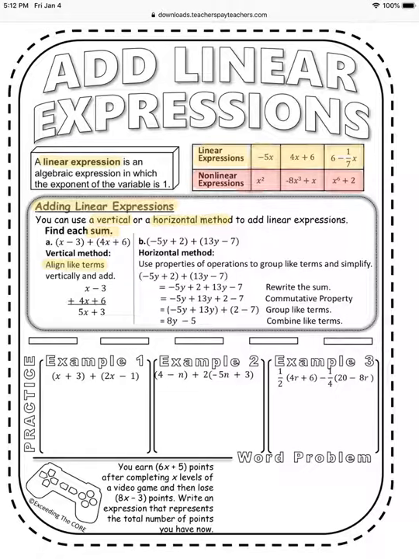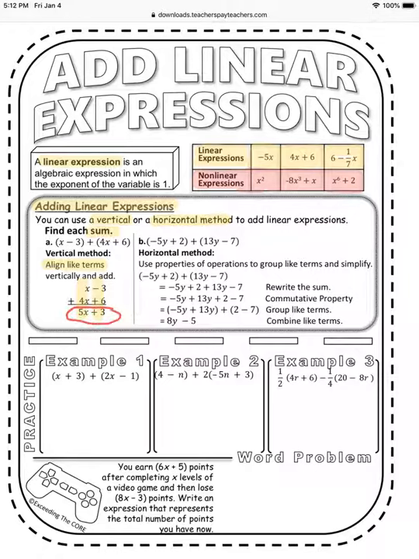And then you basically just combine like terms. What is x plus 4x? Well, that's 5x. What is negative 3 and positive 6? That's plus 3. Therefore, they wrote a plus 3. So our final answer is 5x plus 3.